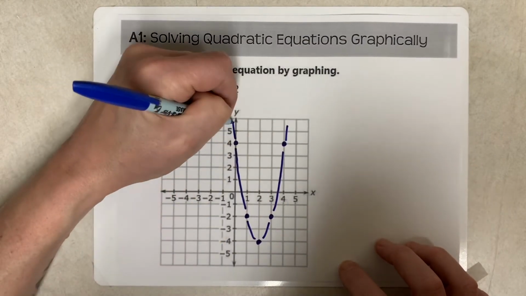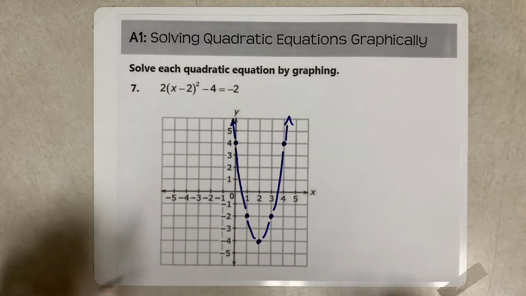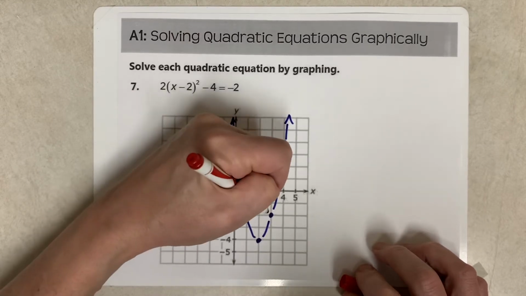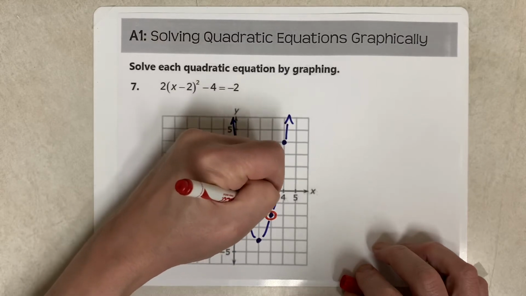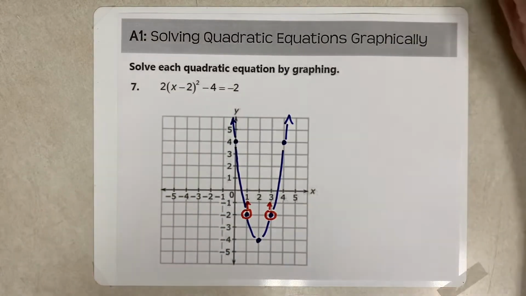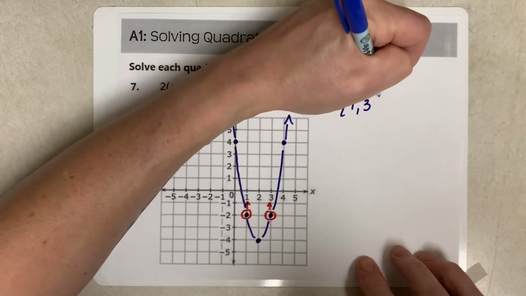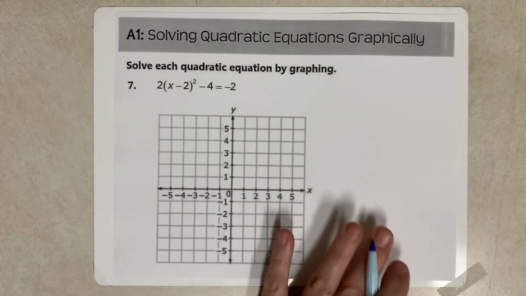Connect our points. Okay, where is that equal to -2? Here's -2. So it looks like here and here are the 2 points that we need to focus on, and that's going to correspond to 1 and 3 for the x values. So 1 and 3.